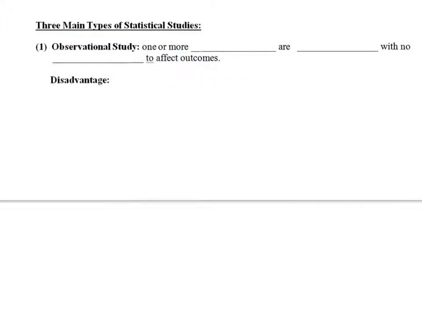Let's begin by looking at the 3 main types of statistical studies. The first study that we're going to learn about is called an observational study. An observational study is when one or more variables are observed with no attempt to affect the outcomes.